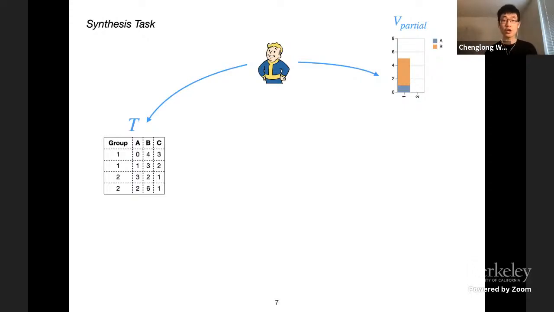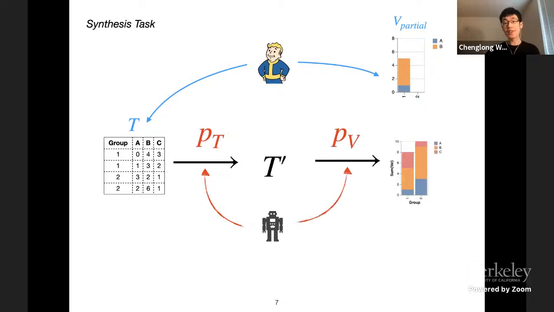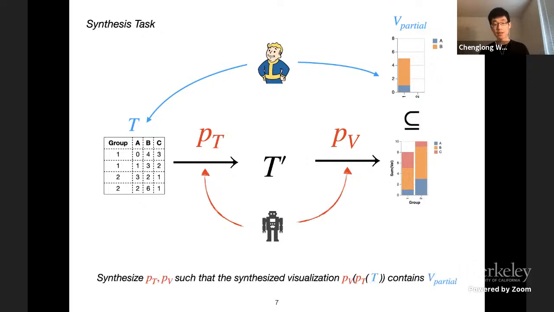Starting from the user input, which is the input data T and the partial visualization, what we essentially want is for the computer to first synthesize the data transformation program PT to transform the data, and then a visualization program PV that is able to map the transformed data to a visualization. The requirement is that the synthesized visualization should contain all elements demonstrated by the user.